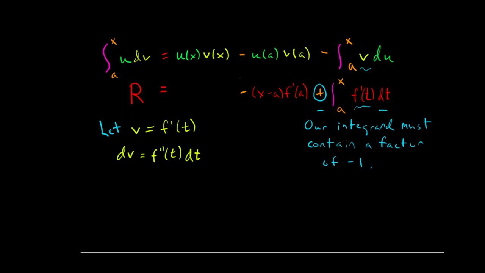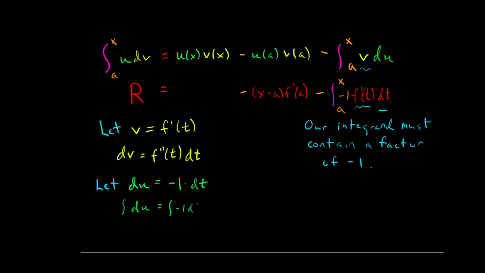Now I've already made f prime of t correspond to v, so I'm going to let dt equal negative 1 times du, or equivalently du equals negative 1 times dt. And I'm going to write that into my integrand to make things super clear. So to make this look more like an integration by parts, I've deleted the plus sign and I'm writing minus negative 1 times f prime of t dt. I'm just making it explicit that that integrand must contain a minus sign.